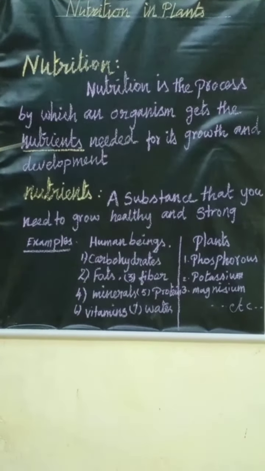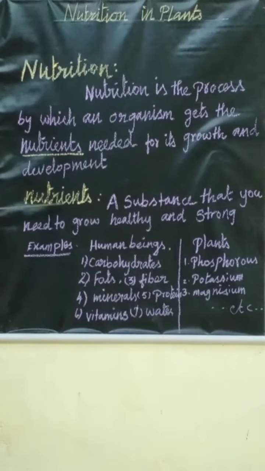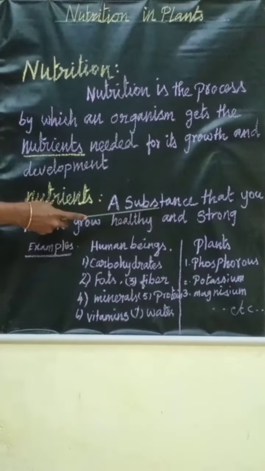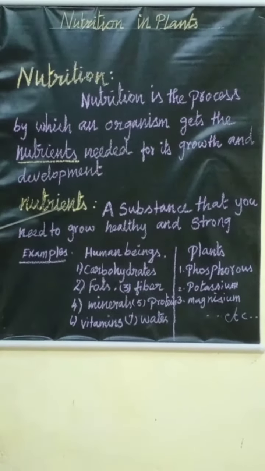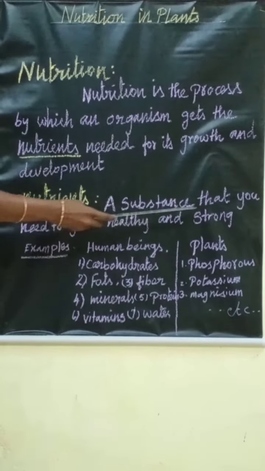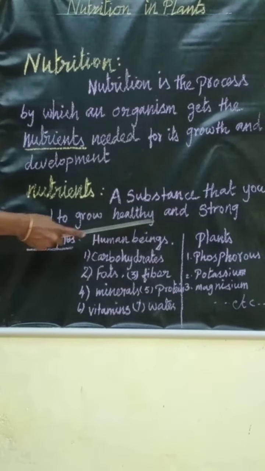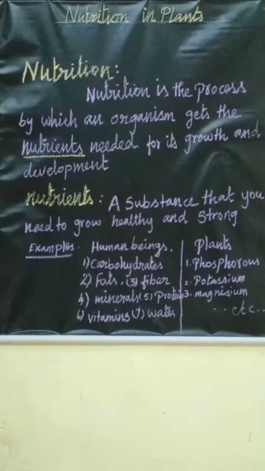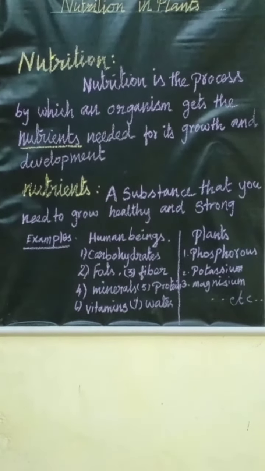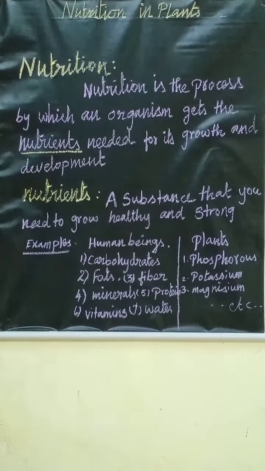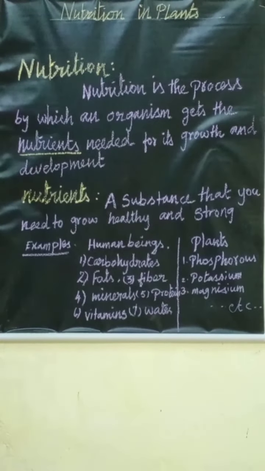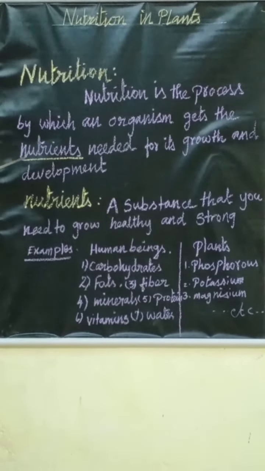What is a nutrient? A nutrient is a substance that you need to grow healthy and strong. Why am I saying this? We need to know the difference between nutrition and nutrient.